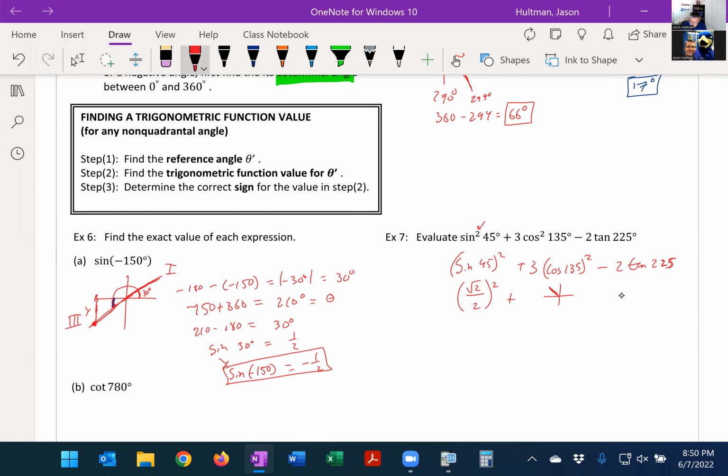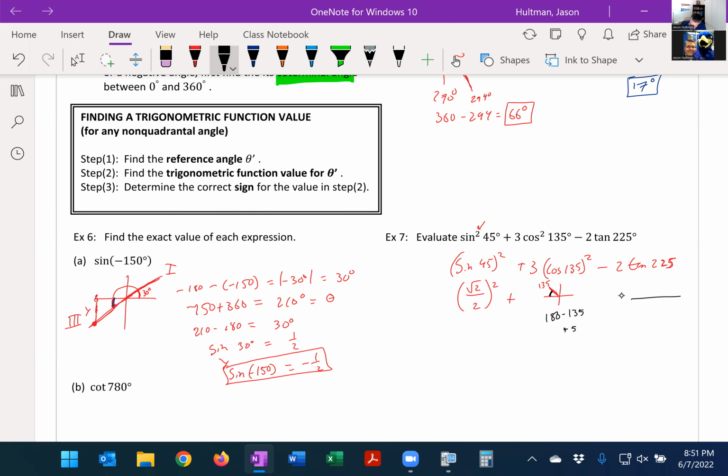So I want to find the reference angle for 135. The reference angle for 135 is going to be 180 minus 135, which is 45. So we know that the reference angle here is a 45-degree angle. What about the 225?